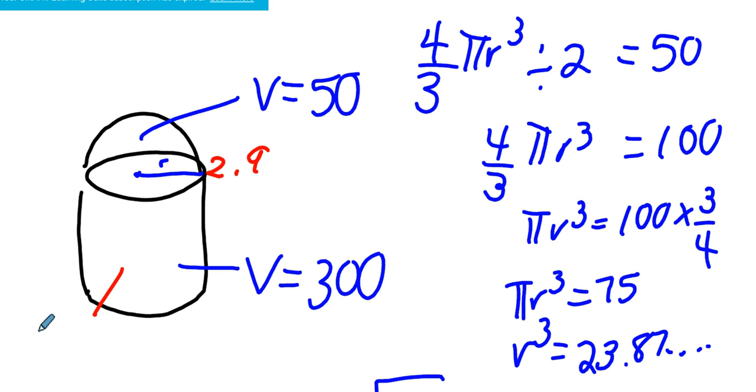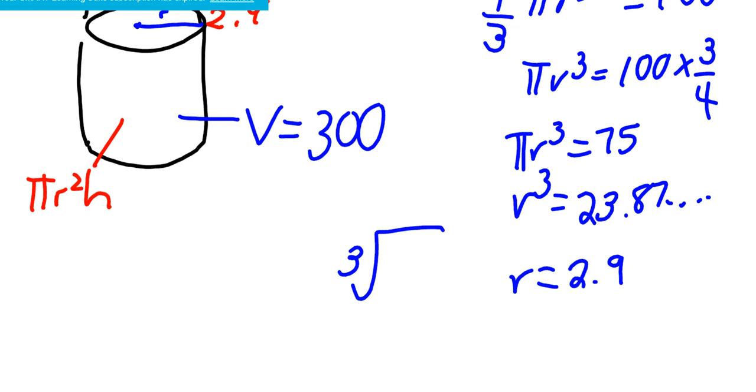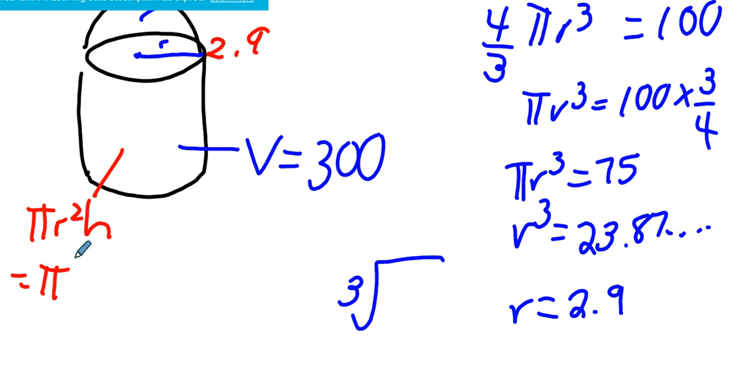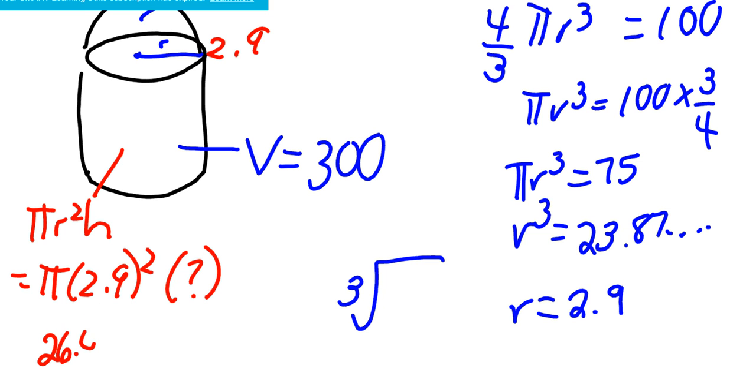My cylinder portion will be pi r squared times height. So I'm going to do pi times 2.9 squared, and then my job is to figure out what my height needs to be. Again, I'm aiming for close to 300. So 2.9 squared times pi gives me 26.42 and so on, times whatever the height is going to be, and that's going to be equal to about 300.